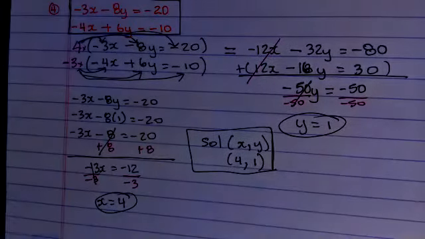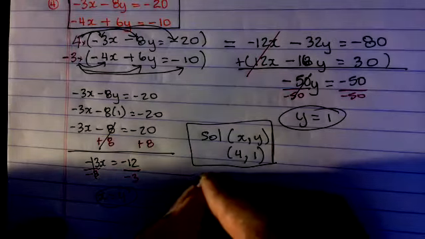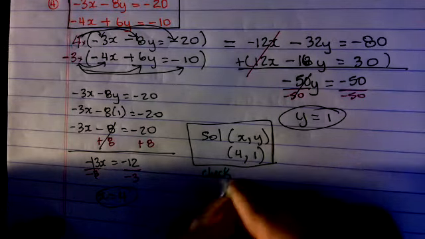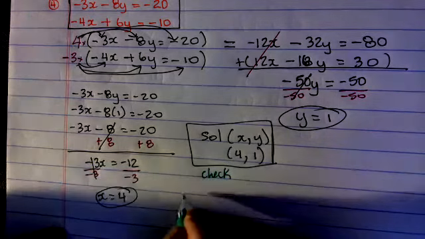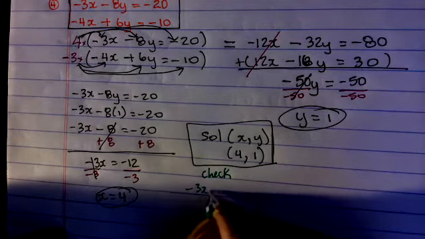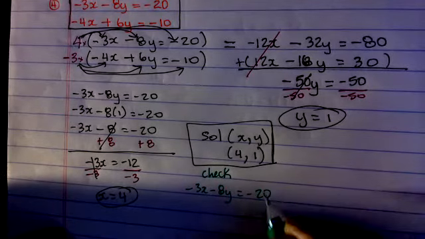But again, like I've been doing before, I'm going to check my answer to verify that it's correct. I'm going to take one of the original equations: negative 3x minus 8y is equal to negative 20.